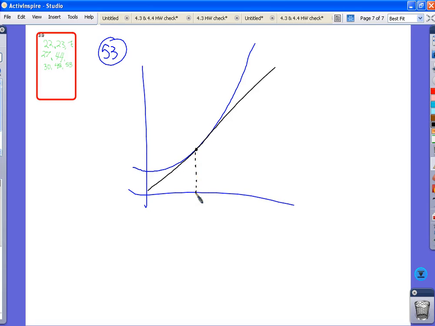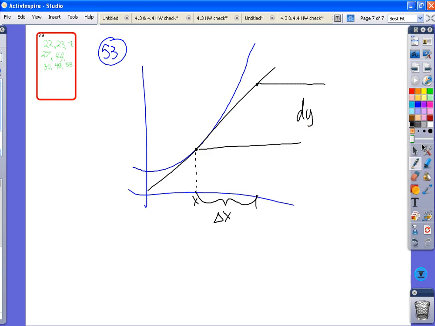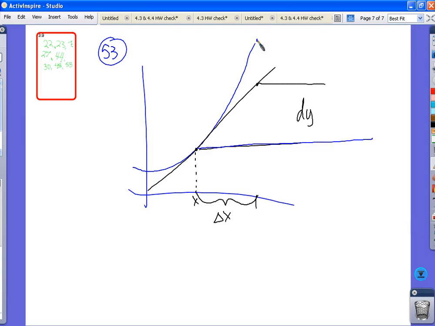Here's x. And just so that we can see it, we'll make it big. Here's delta x from here to there. If delta x is big, then how would you compare dy and delta y?